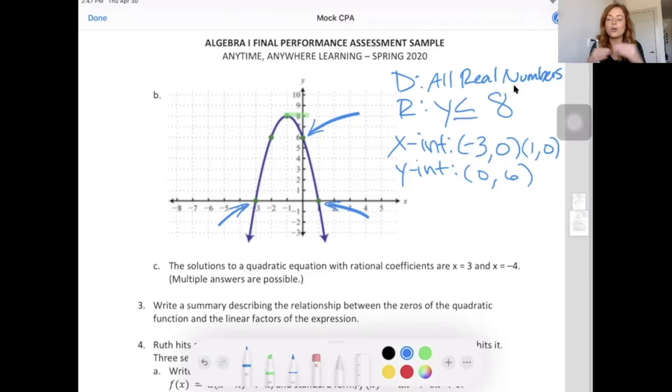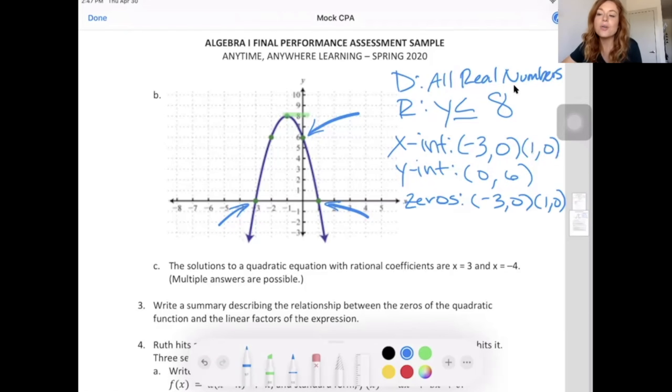So you have to know that those things work together. We found our zeros, and you can just rewrite them as the x-intercepts. We are okay with you writing it that way. So it could be -3, 0, and 1, 0. You also could have said that they were at x equals -3 and 1.